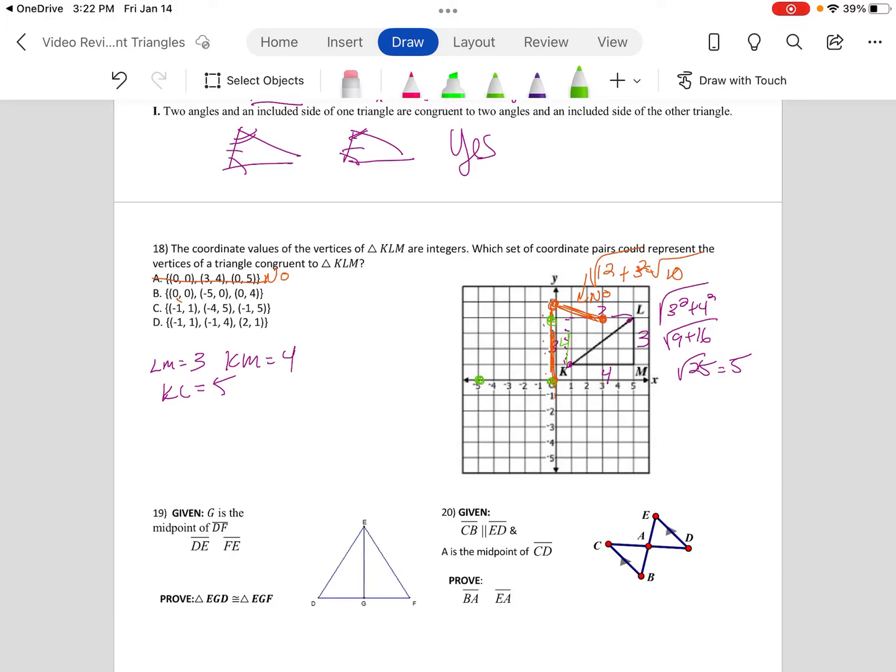So this side is 4. So we have a side that's 4. This side right here is 5. Which means this side right here would have to be 3. And so no, that one does not match.